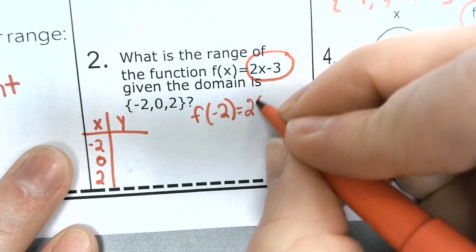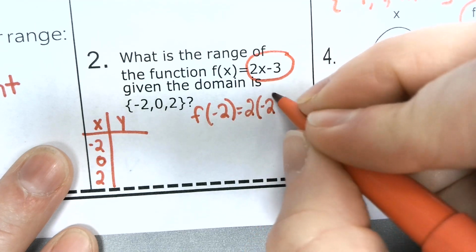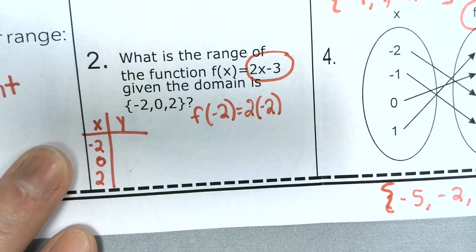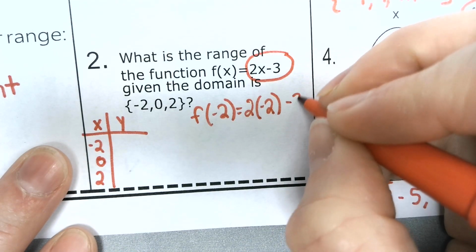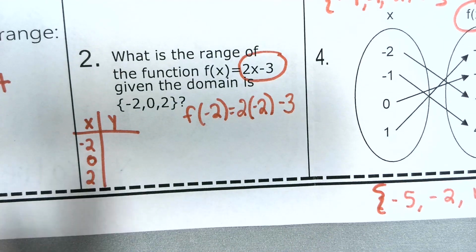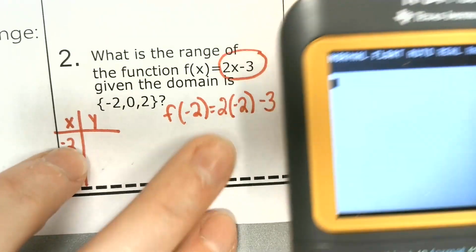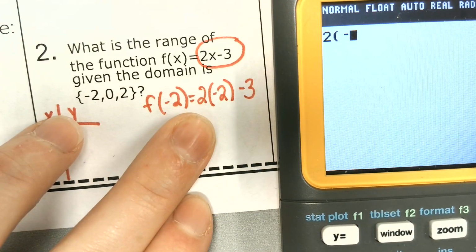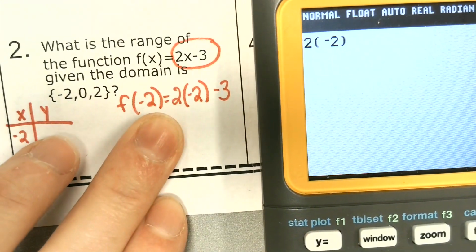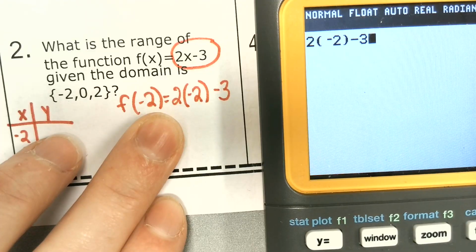So 2 times -2, I'm replacing x with -2, and I'm going to subtract 3. We can do it on our calculator, but I didn't let y'all get your calculator today. So, what's 2 times -2? -4, and then minus 3. If they're both negative, -7.